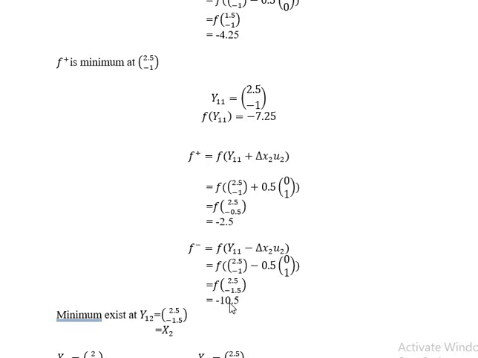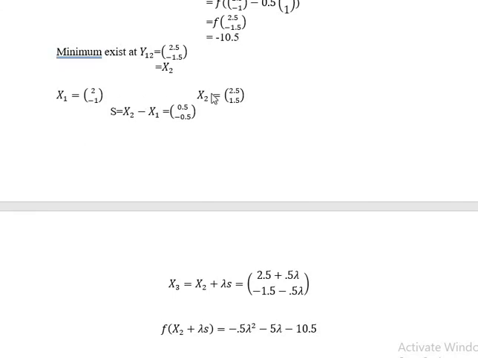The value is minus 10.5. Then the minimum is at f minus, that is, the minimum exists at the point (2.5, -1.5).